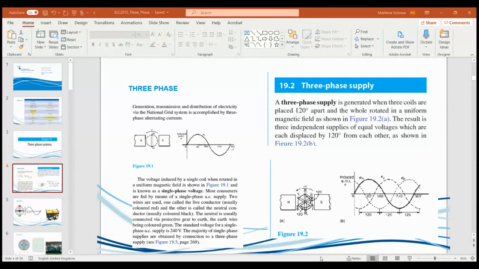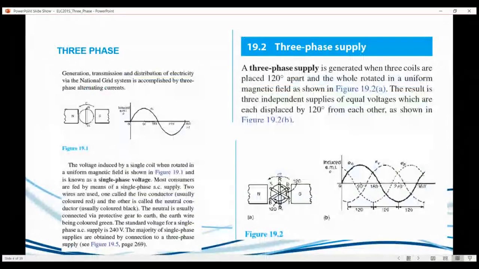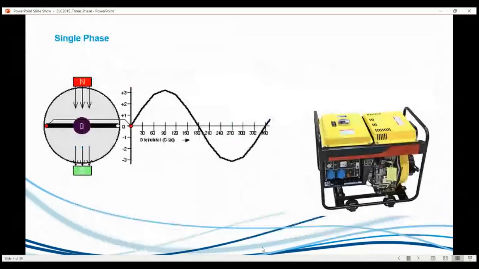All right, so let's begin. Oh, just one more. So far so good. Okay, guys, when we started, we had this single phase generator, and we established that it creates a sinusoidal waveform.